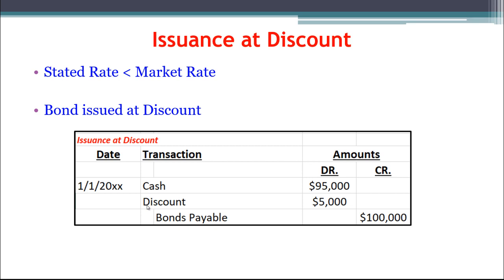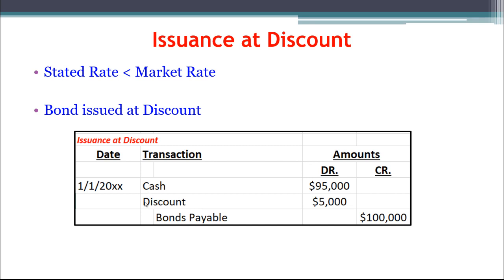Now, what I'm going to say here is that the discount is known as a contra asset or contra liability account. It is offsetting the liability account. We'll see that in just a bit, how this looks on the balance sheet. Anytime you hear the term contra account, note that it has the opposite normal balance of whatever it is contra to.